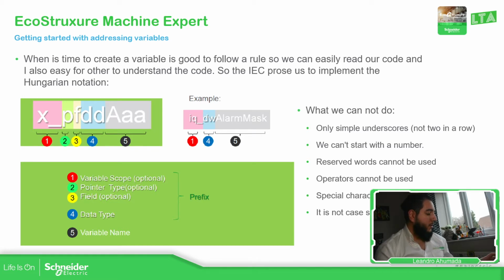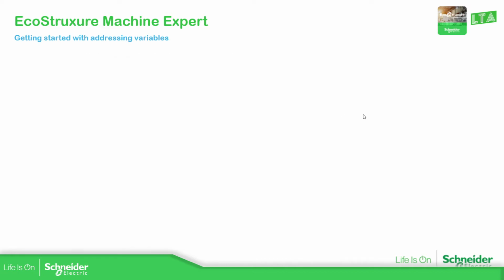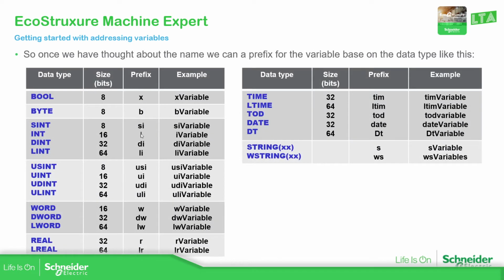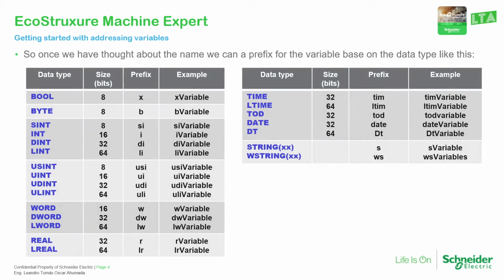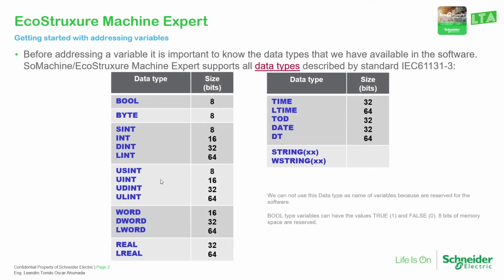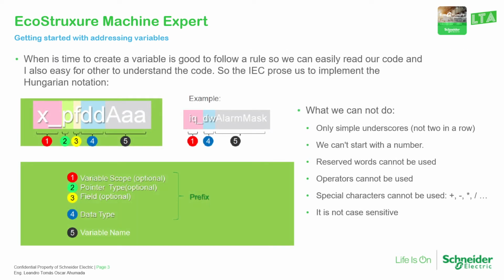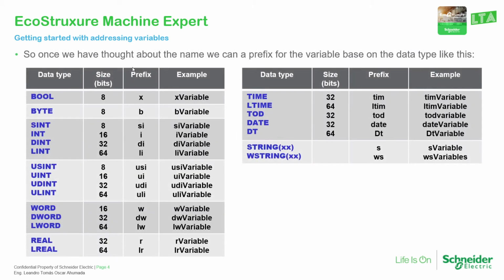But first, if we continue with this guidance, we can use a prefix for each variable. If we take into account the previous page, for all the different variable types that we have, and complement this information with this Hungarian notation, we have this prefix that we can add.